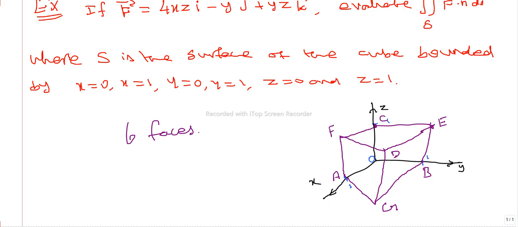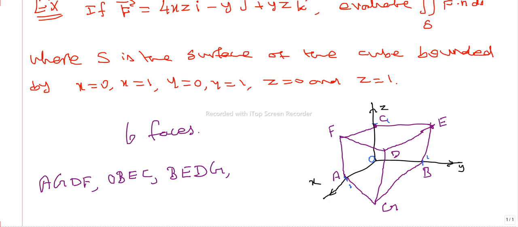From the right x side we have G, D, F, this face. And then another face is the opposite side, OBEC, the opposite side of the x axis. And then the y side we have BEDG, so this is another side.